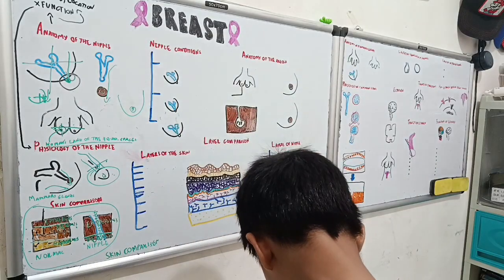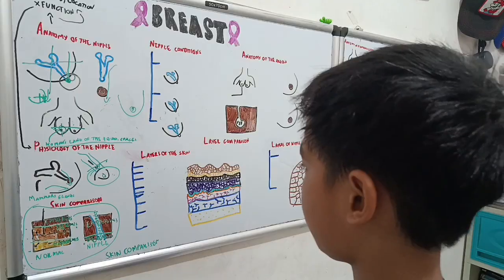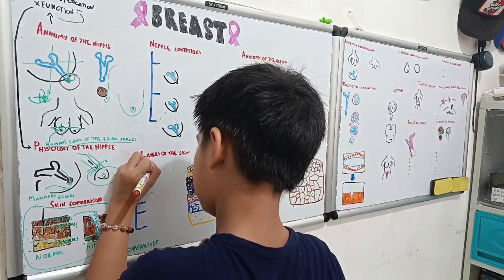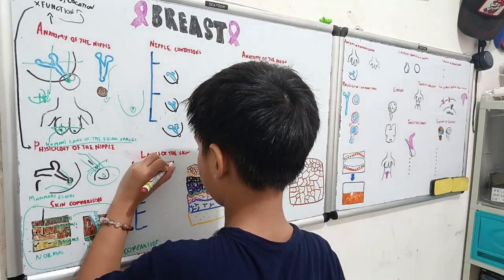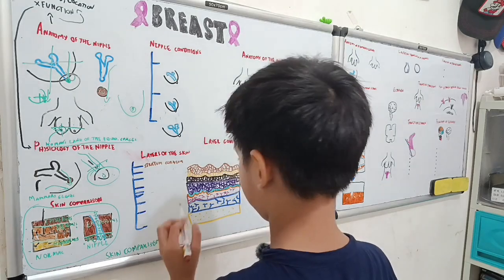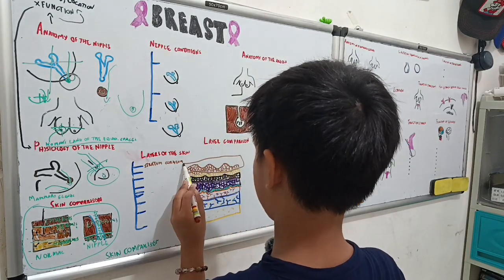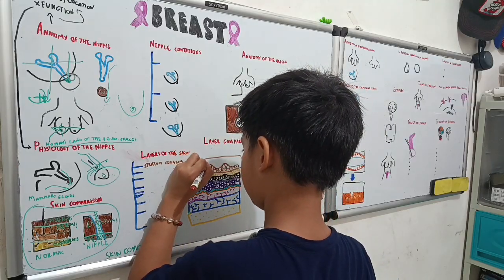Okay, so our first color is brown. What's color coding that? Should be the stratum corneum. What is the stratum corneum, anyways? If you haven't seen any of my videos yet, or maybe this is the first time, what is the stratum corneum?